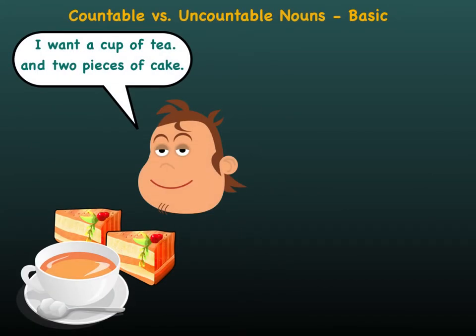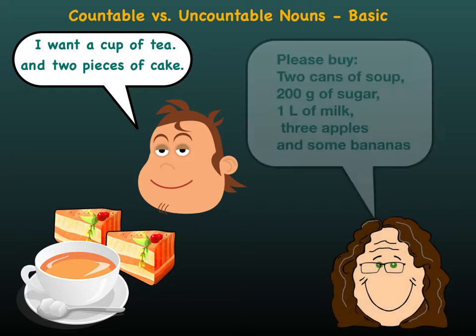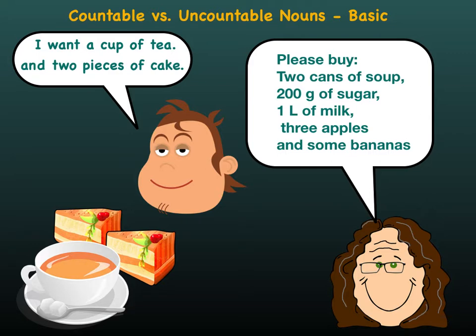Here's a guy talking about uncountable items, tea and cake, but he changes them to countable using cup and pieces. And here, a woman is asking someone to go shopping.